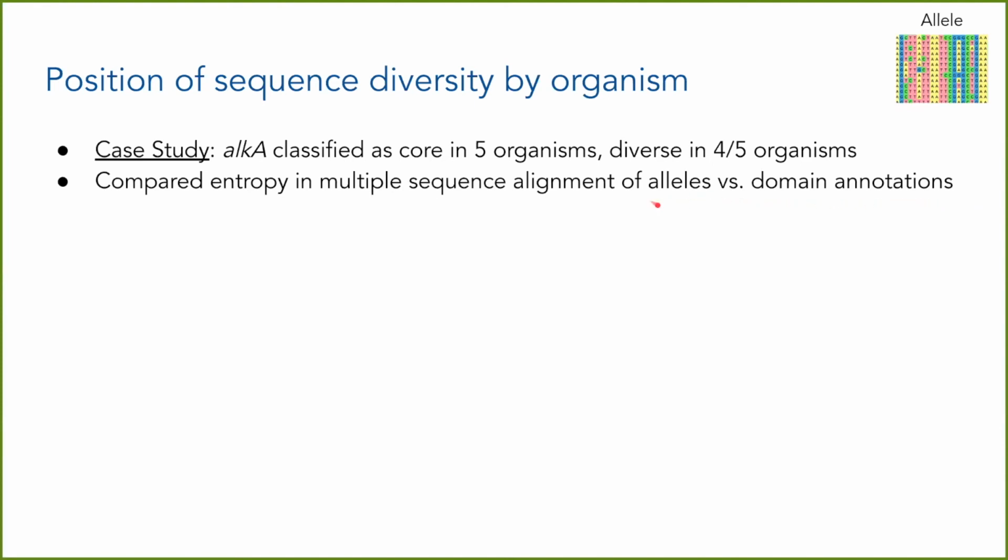For each organism, we would take all of the alleles of ALK-A, do a multiple sequence alignment, and then compute the entropy at each position to identify potential mutation hotspots or notably conserved regions in ALK-A for that organism, and then compare those against structural domain annotations.